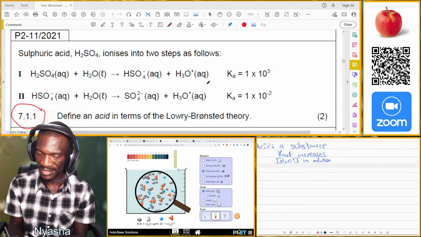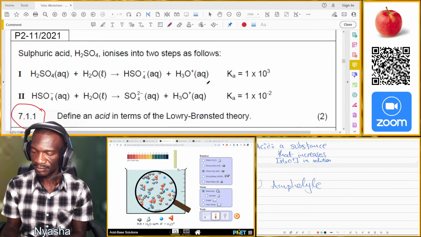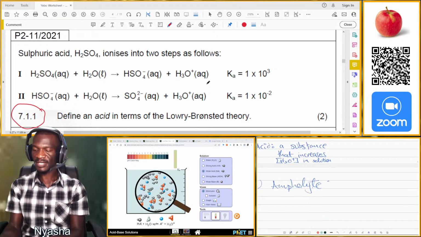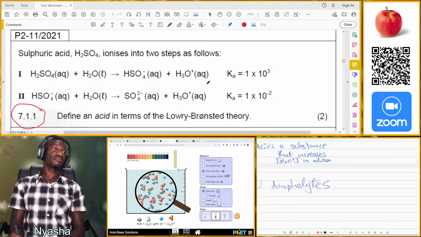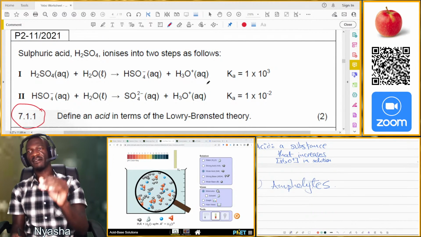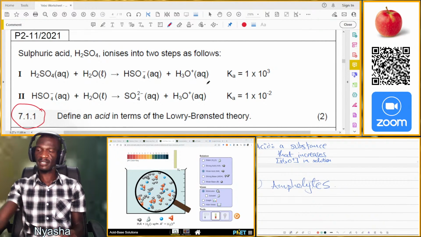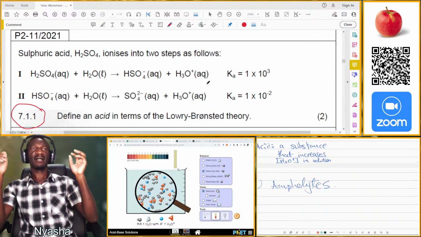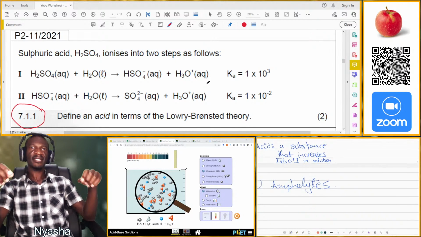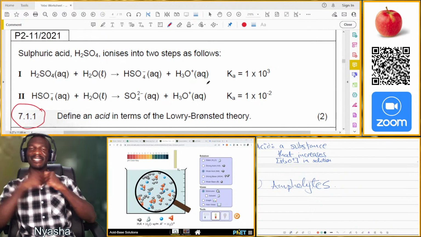Part C, we're discussing some ampholytes. What is an ampholyte? When you go through that definition, it will tell you that an ampholyte or an amphoteric substance is just a substance which participates in chemical reactions as a base in one chemical reaction and then as an acid in another chemical reaction.